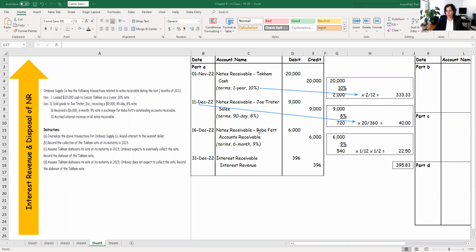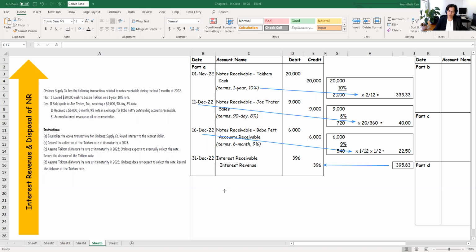Based on the date, since it's 90 days, 20 days have gone by, so 20 over 360. For the third one, again focusing on the dates, 1 over 12 would make it 1 month. However, we didn't have it for the full month, so multiply by half. Add up the 3 numbers, and that's the total interest.